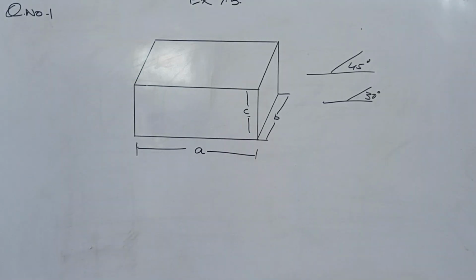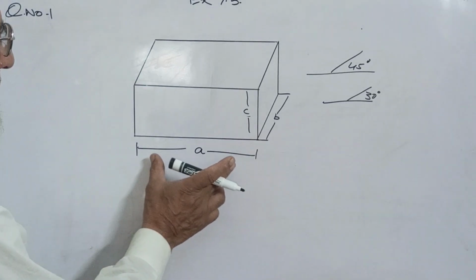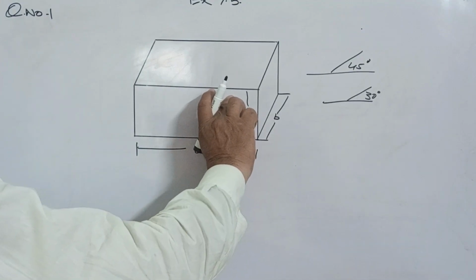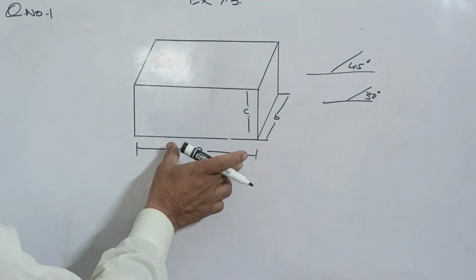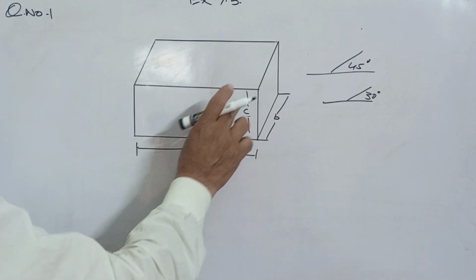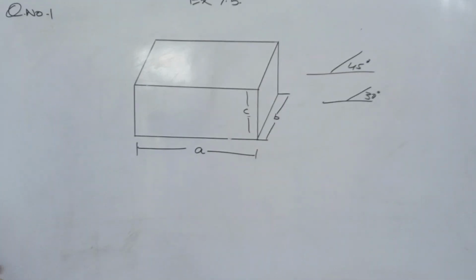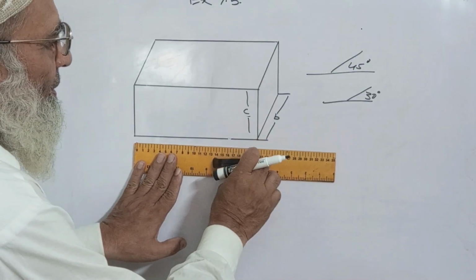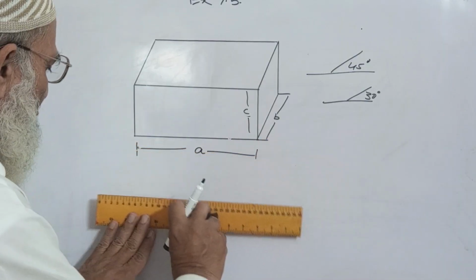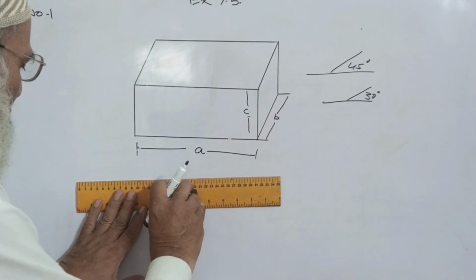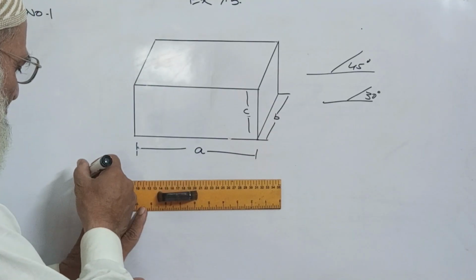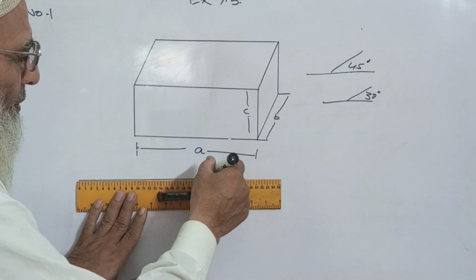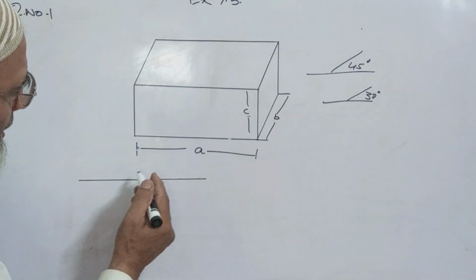Now what will happen over here? We'll take A and C first. This is, for example, something like 22 centimeters on the board. So I draw A over here.